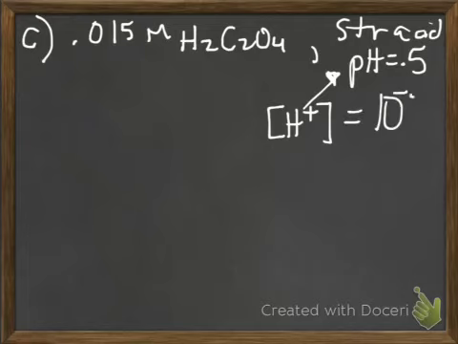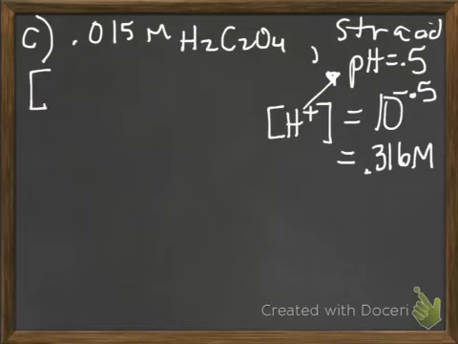So we do 10 to the -0.5. So the hydrogen ion concentration, if we put that in our calculators, is, let's see, 0.316 molar.